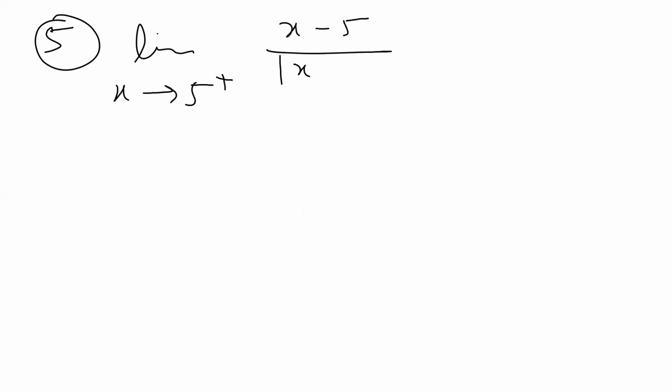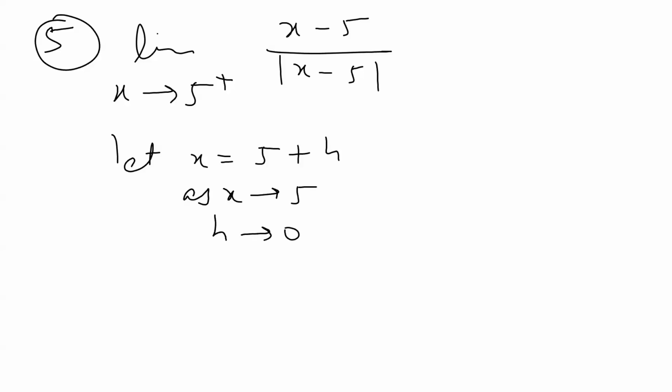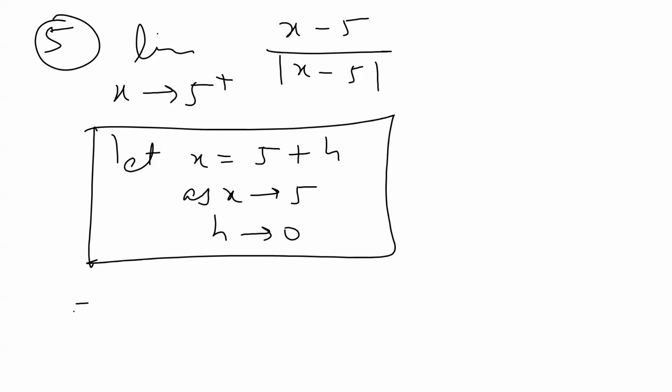Question number 5. Now specifically they are asking you 5 plus. So that is RHL. Okay. So this we did in the last exercise. So let x is equal to 5 plus h. As x approaches 5, h will approach 0.